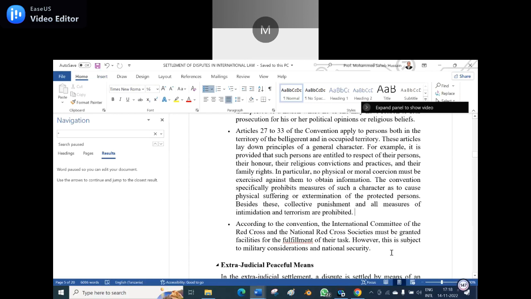What is this International Committee of the Red Cross? What do they do? Do they supply grains to the farmers? No. Do they supply water? What do they do?